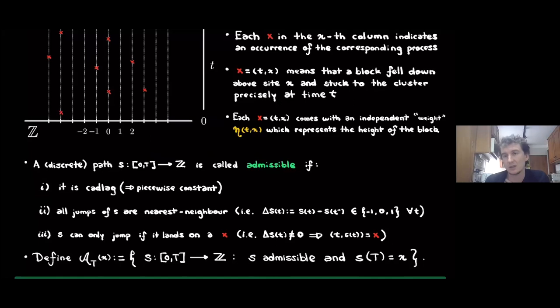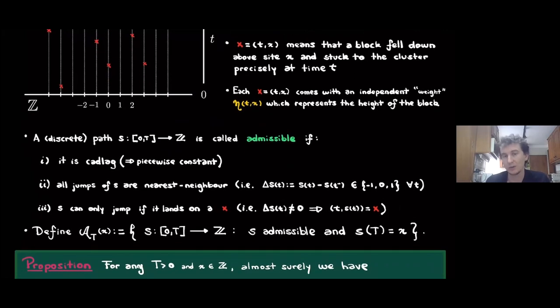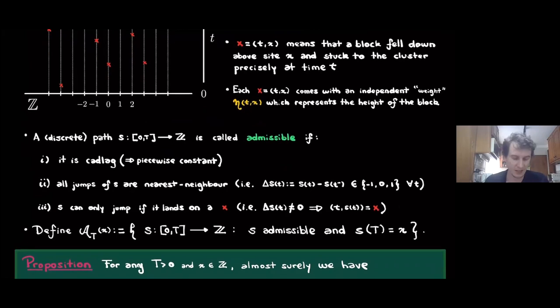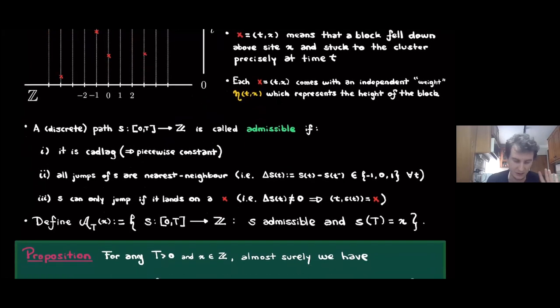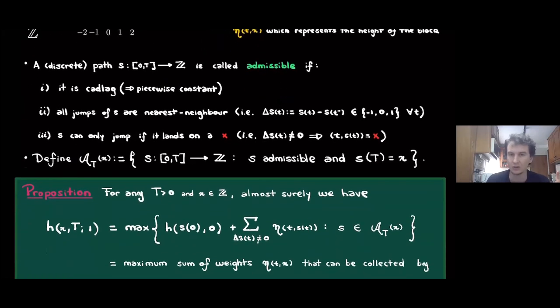Okay, and that's the only difference. So this red cross corresponds to a block which will stick to the first point of contact. Okay, that's the only difference. If you make that difference, then the same formula holds for any value of p.